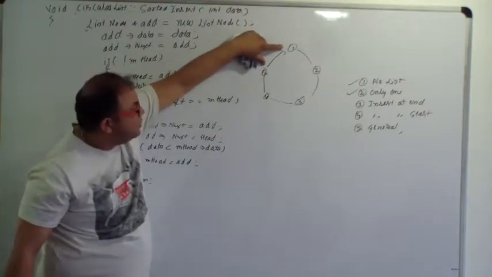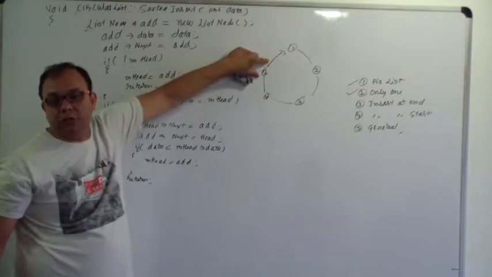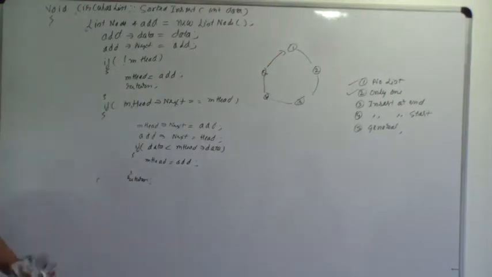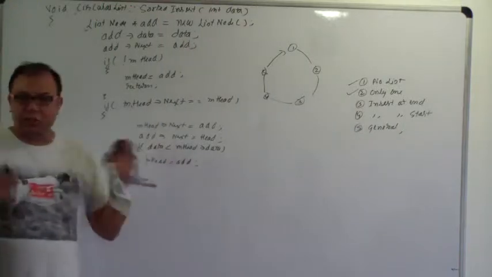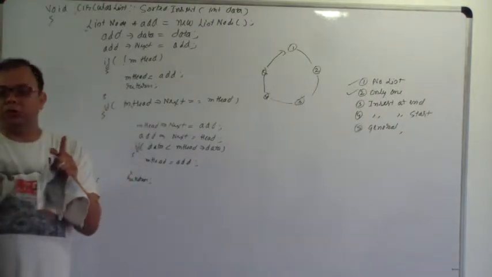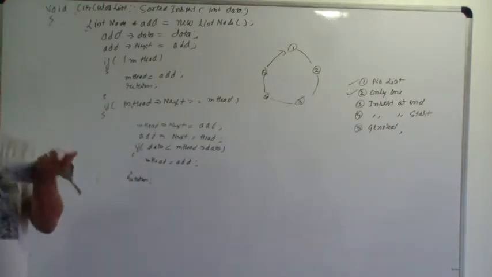We actually have to figure out which one is the last node, right? Because the last node has to be manipulated. So let's assume that you have a function called getLastNode. GetLastNode is just returning the last, or you can actually modify your class and say that there's a head also and there's a tail also. That way you'll actually have a pointer.